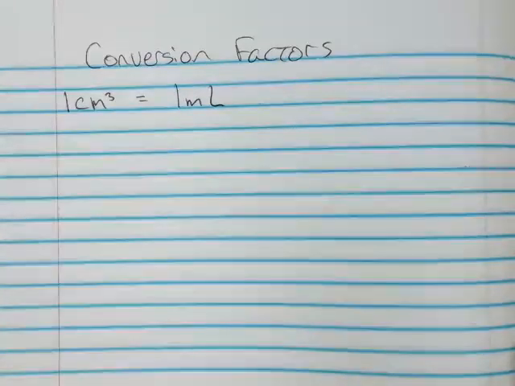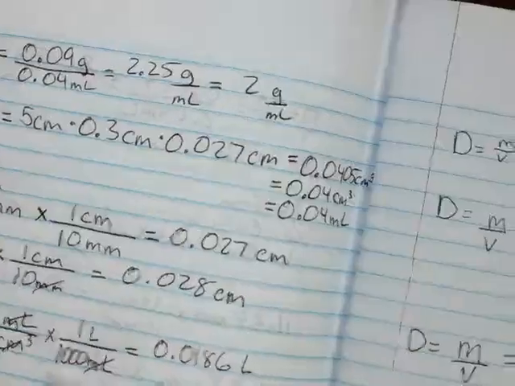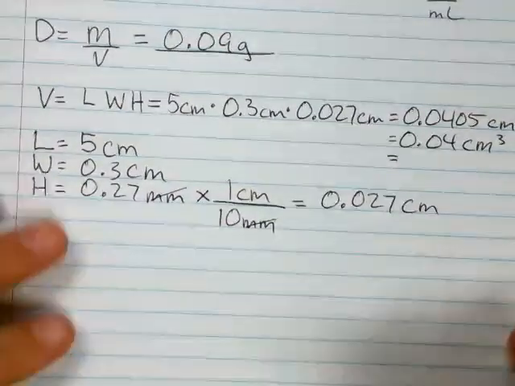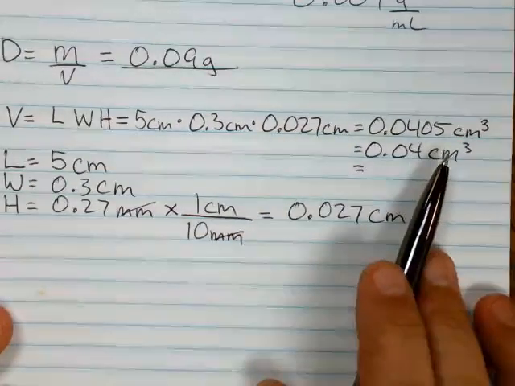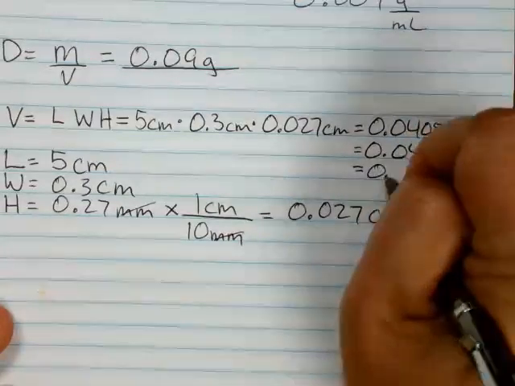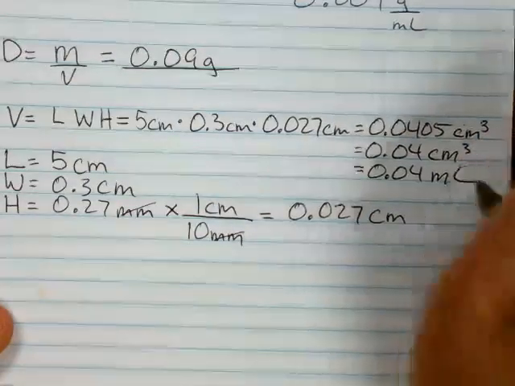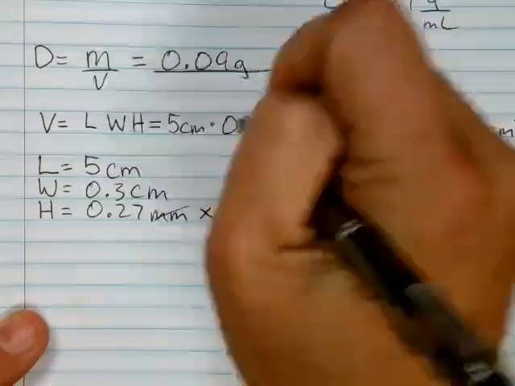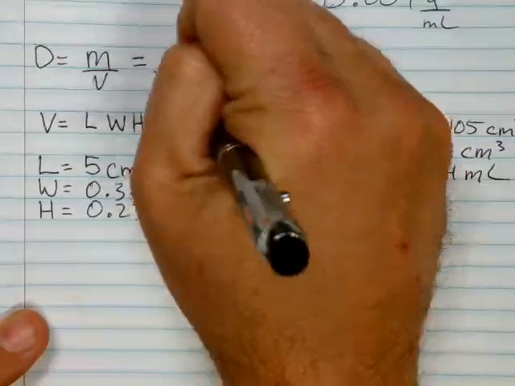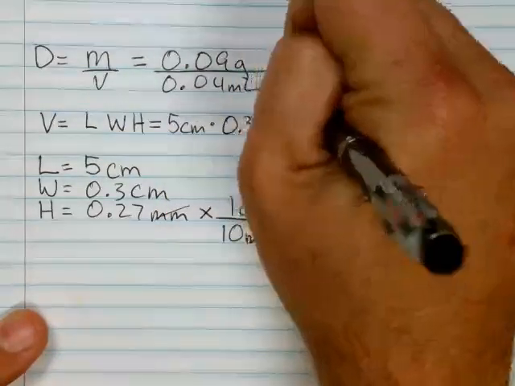So if we know that a milliliter is the same thing as centimeters cubed, then we can just say 0.04 milliliters is our volume. And then we just plug that in. 0.04 milliliters.